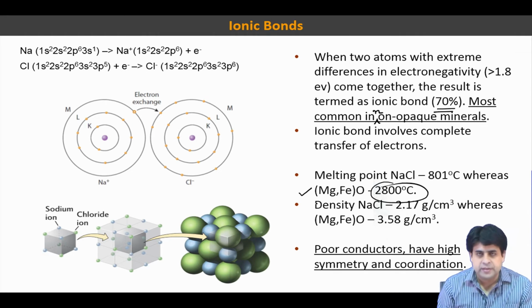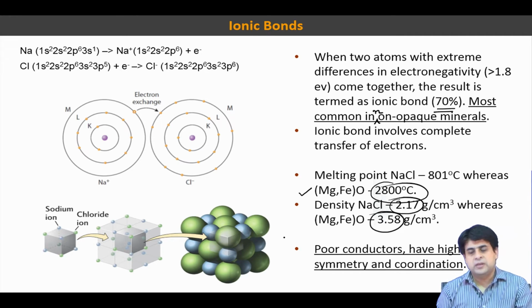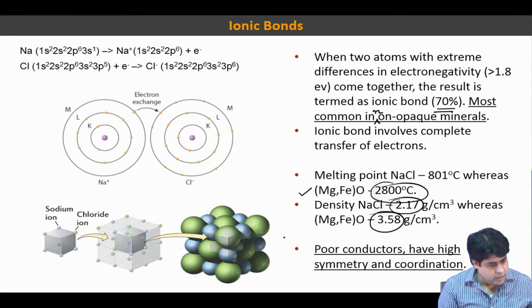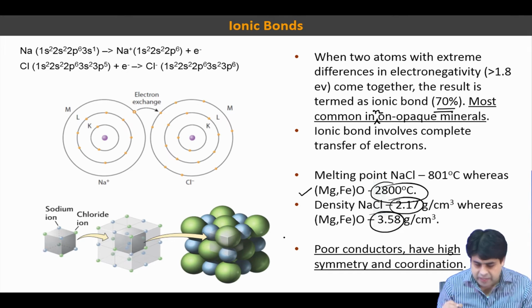If you see the density, density will also change. For example, NaCl density is 2.17, whereas ferropericlase density is close to 3.58 grams per cubic centimeter. Another thing you can see is the hardness.